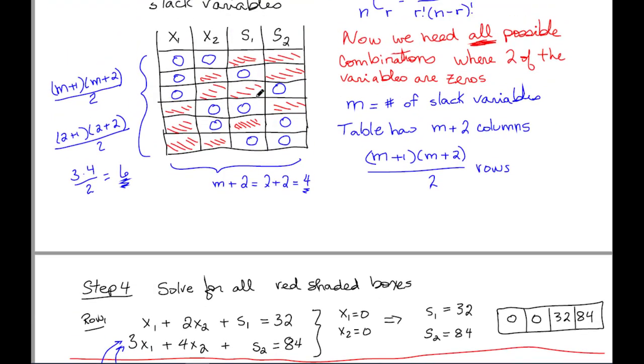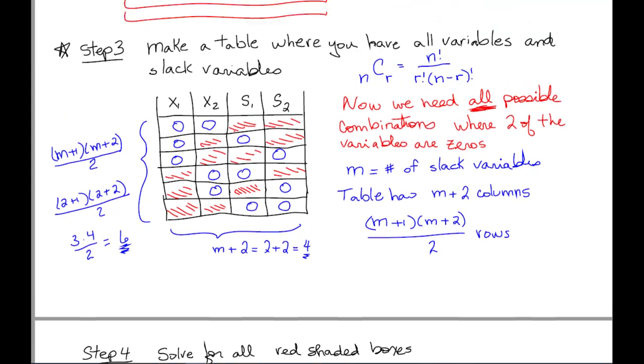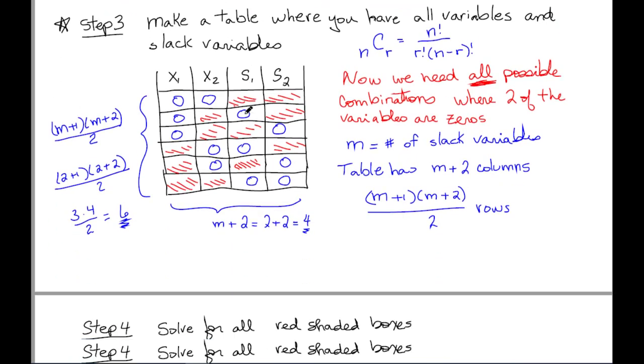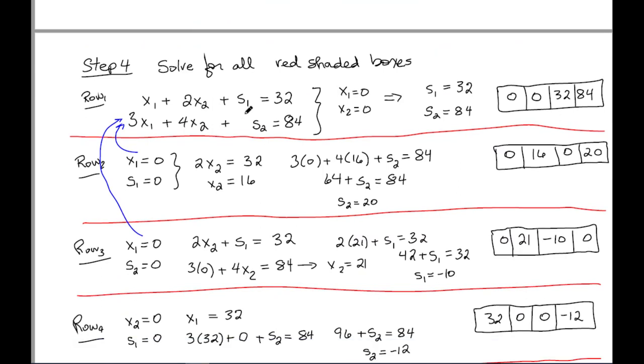So take the very first set of equations. Where did they come from? Back up to here. So everything I'm going to talk about now comes back to these two equations. Alright, so step 4 is to go row by row into these two equations and pick what you have.